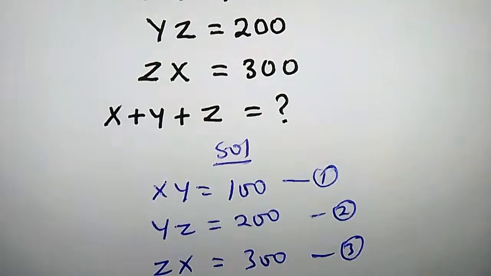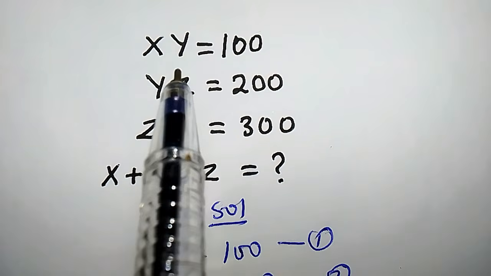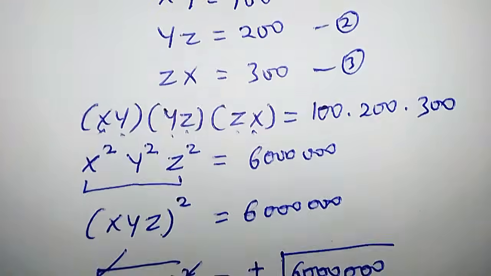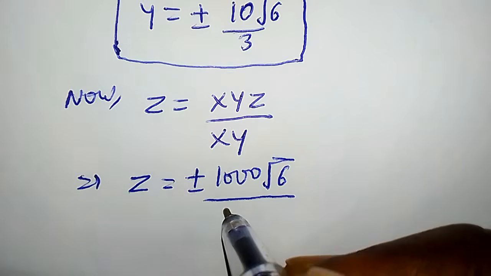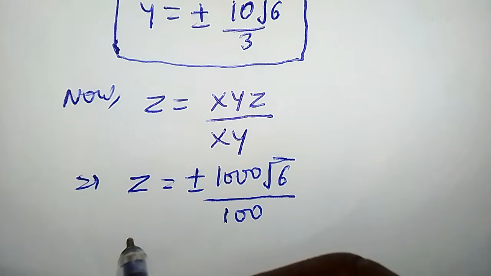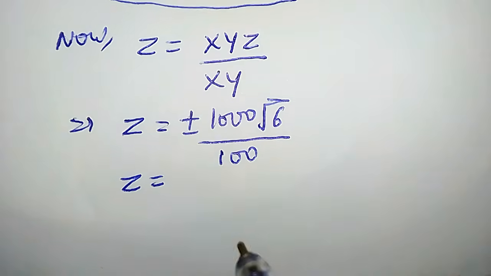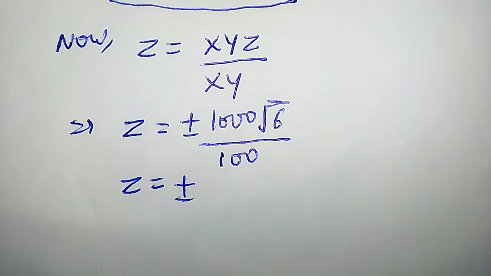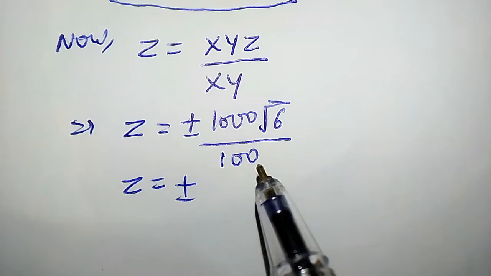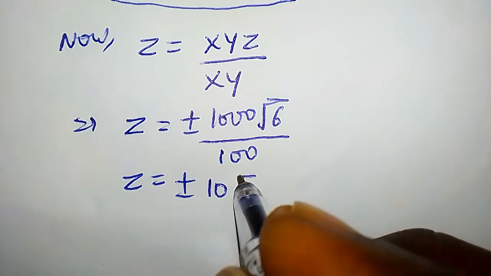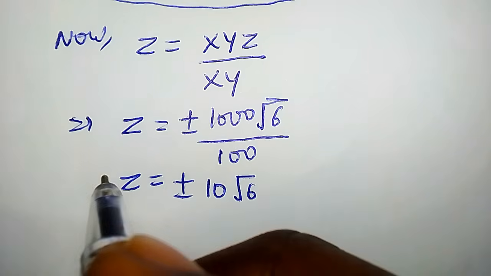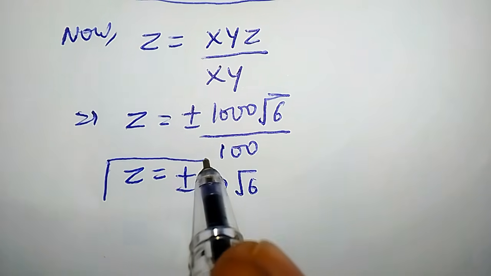Let me show you. xy is simply 100. So we have 100. z is now equal to plus or minus 1000 divided by 100. That is simply 10 times square root of 6. This is the value of z.